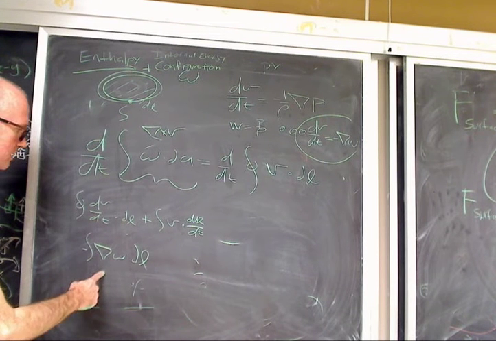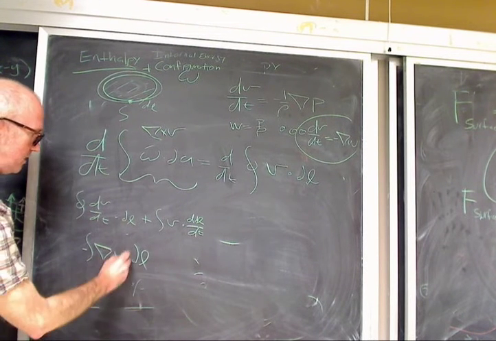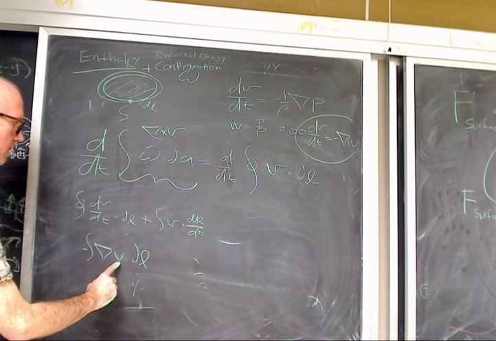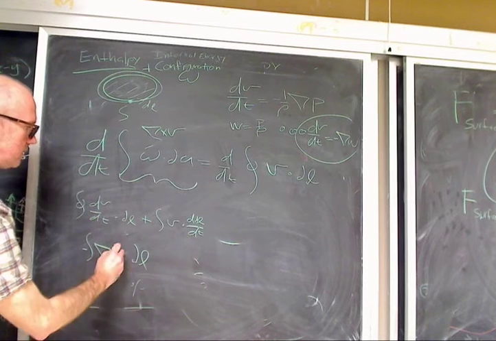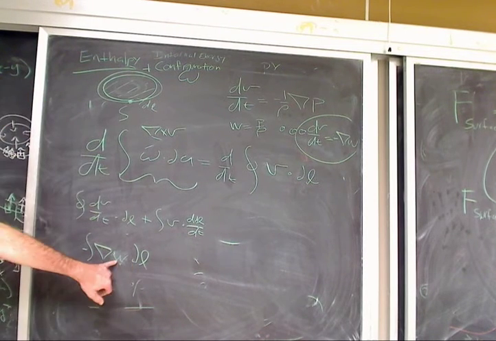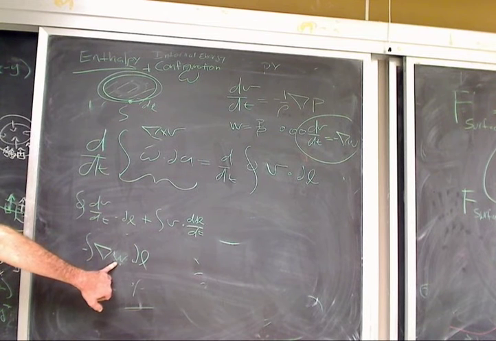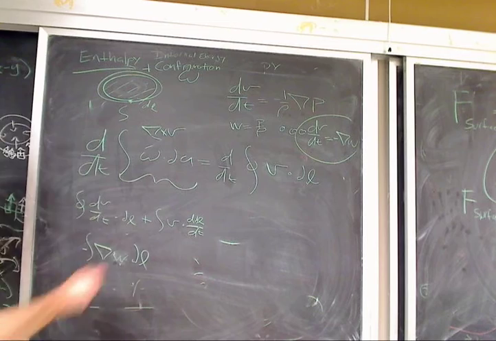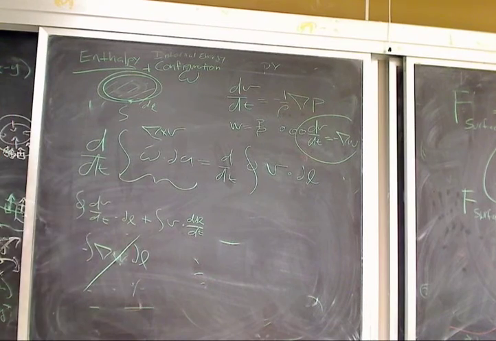So this is just omega, or no, not omega, sorry. Grad v. No, W. This is why I call it H, because that's not an omega, that's a W. So this is the gradient of the enthalpy. This is the enthalpy at this point minus the enthalpy at this point, which is 0. Nice.